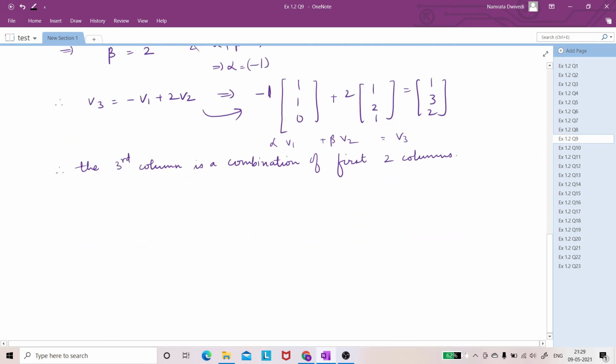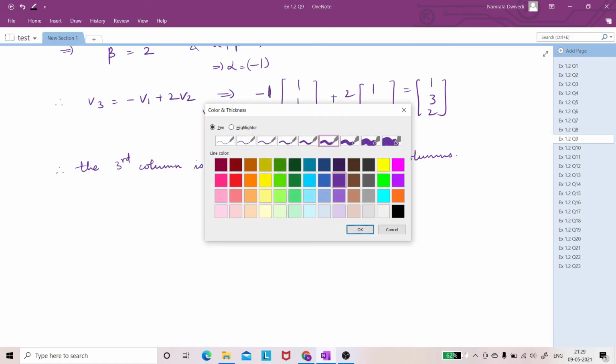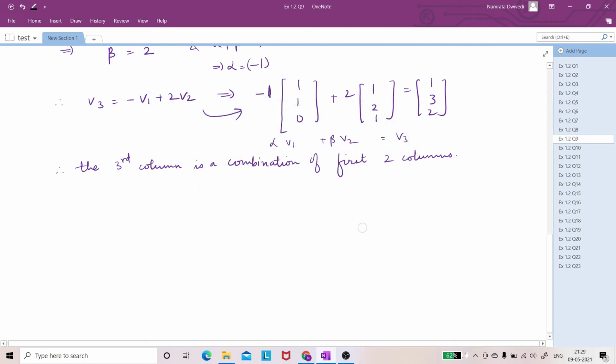Now we come to the second part. I'll just change this color so you will be able to grasp it in a much better way.